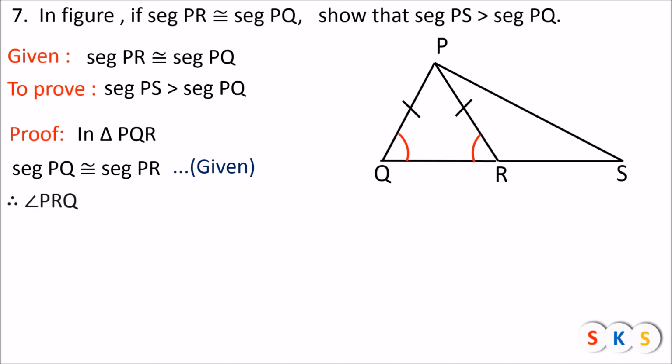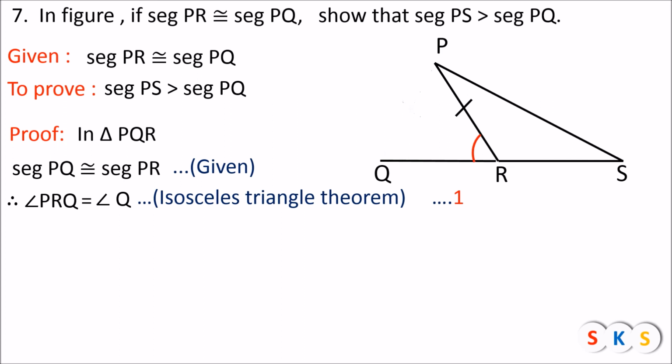Okay, look at this figure. Here angle PRQ is an exterior angle of triangle PQR, and we know that the measure of an exterior angle is greater than its remote interior angle. So this angle is the exterior angle, and angle P and angle S are known as remote interior angles.